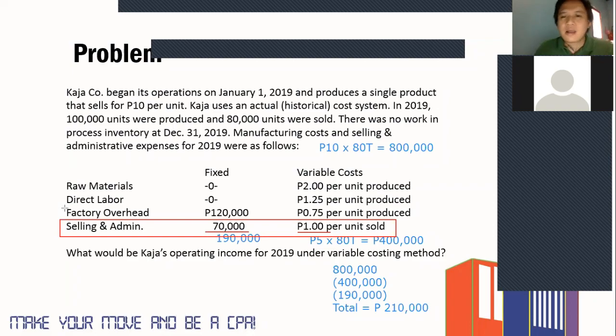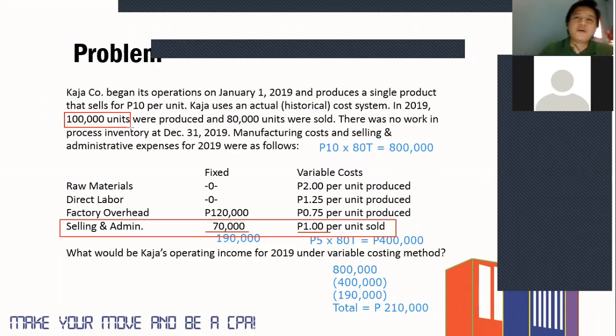Dyan na natin i-discuss yung normal capacity. However, in this problem, there's no normal capacity, so we just consider the number produced during the period, which is 100,000 units.